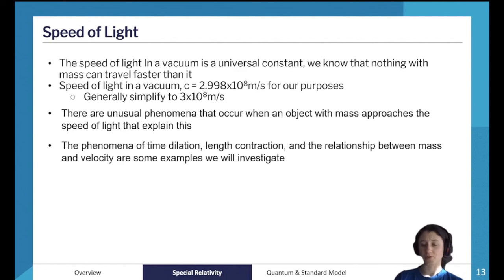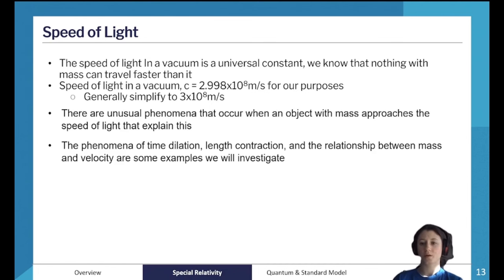The speed limit. So nothing with mass can actually travel at the speed of light or faster than the speed of light. Alright. So we generally simplify the speed of light to 3 times 10 to the 8 meters per second. I believe that's in your formula sheet too. Don't bother with the 2.998 yada yada yada. You don't need to worry about that.